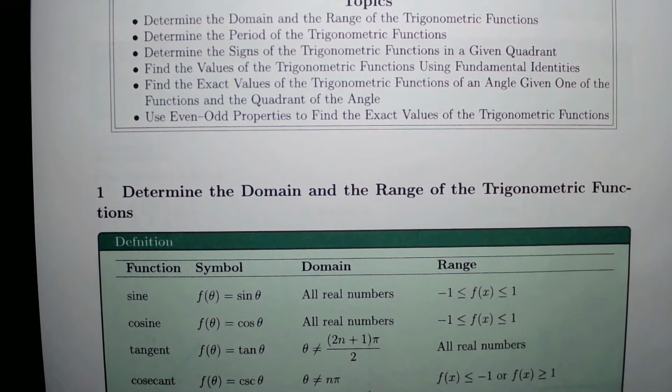We'll look at some of those examples and use even and odd properties to find values of trigonometric functions.